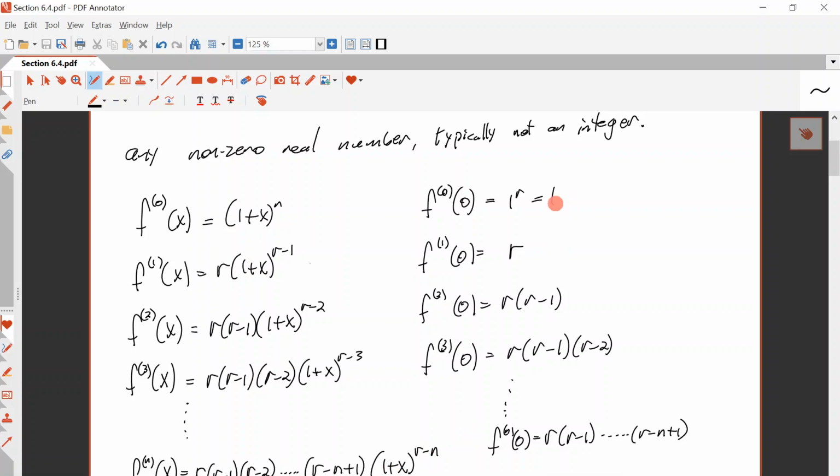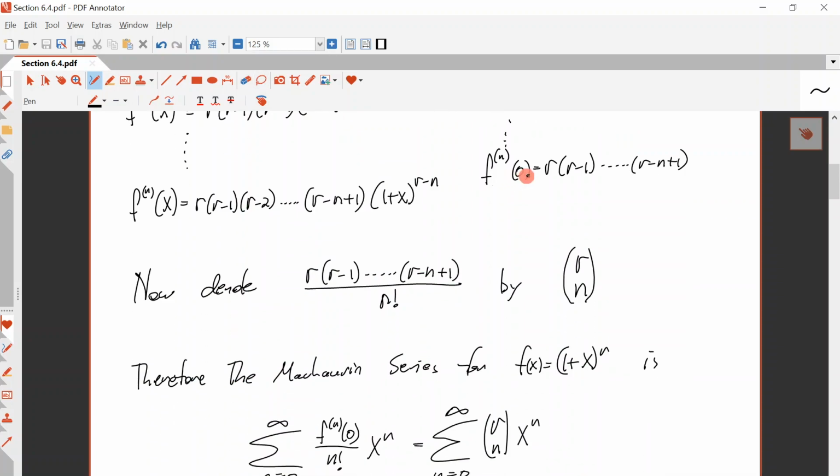So the zeroth derivative is 1. First derivative, r. Second, r times r minus 1. Third, r times r minus 1 times r minus 2. Nth derivative at 0, r times r minus 1 all the way down to r minus n plus 1.